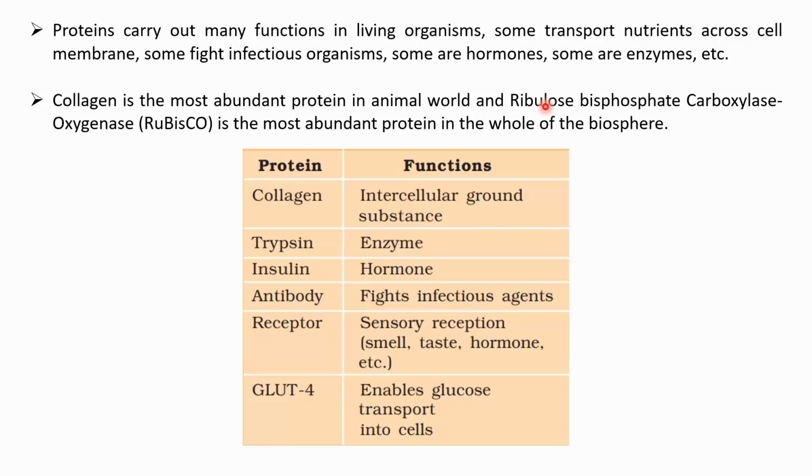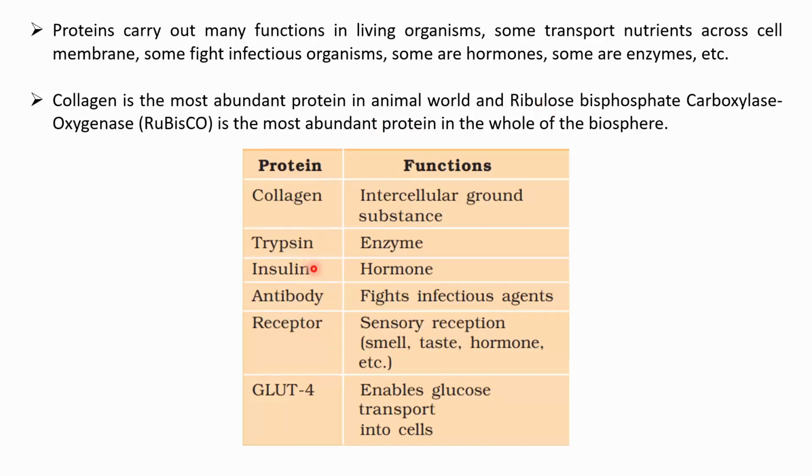So if the question asks which is the most abundant protein in the animal world, the answer should be collagen. But if it asks which is the most abundant protein, our first priority should be rubisco. And only if rubisco is not there, then the question might be related to animals. So in that case, collagen must be the answer.